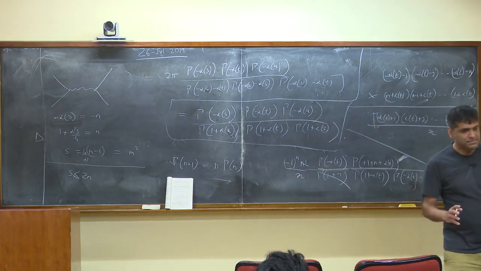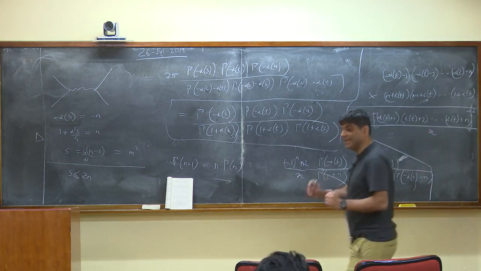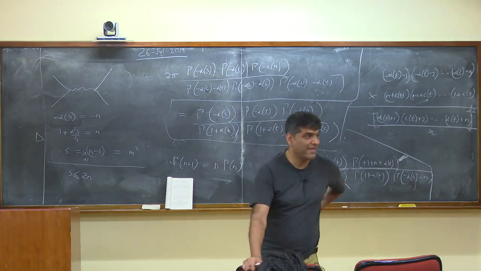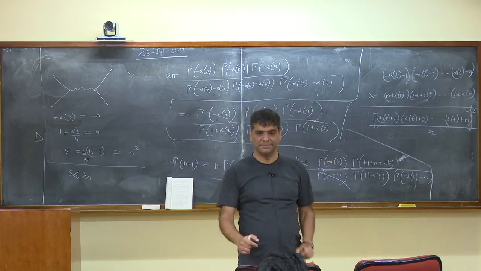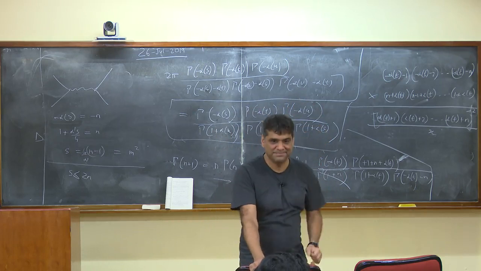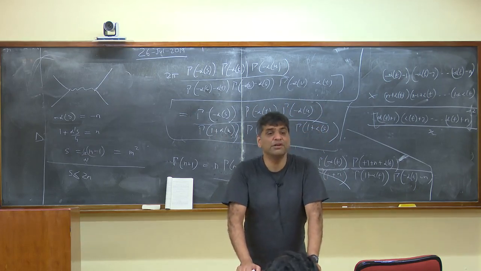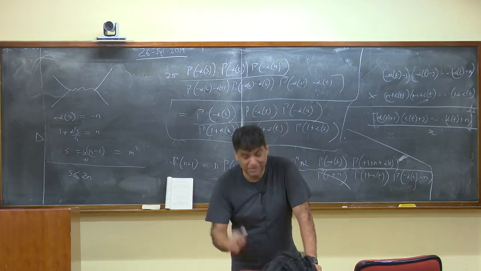Suppose you take scalar spherical harmonics in 3 dimensions. There is one special spherical harmonic that preserves SO(2) out of SO(3). That is rotations around the z-axis. That is the m equals 0 spherical harmonic. That is some function of cos theta. Just Legendre polynomial, Legendre polynomial of cos theta.